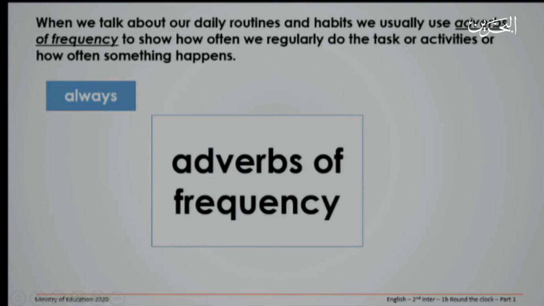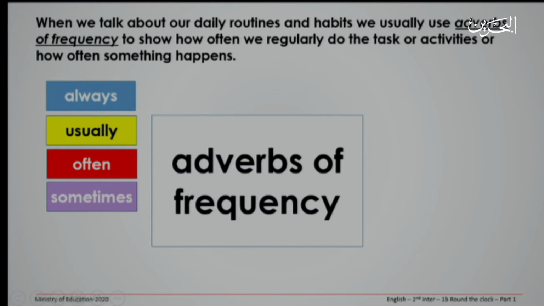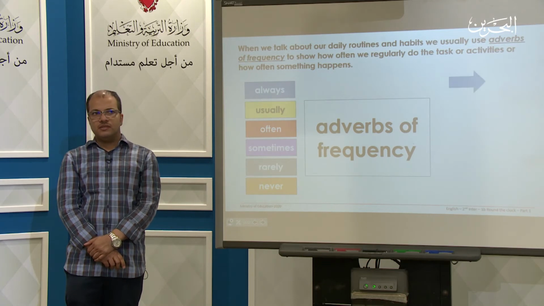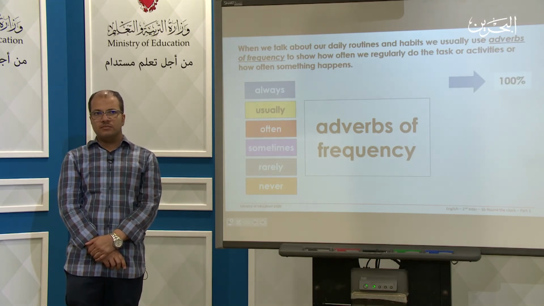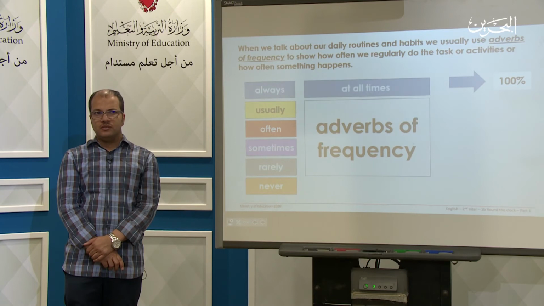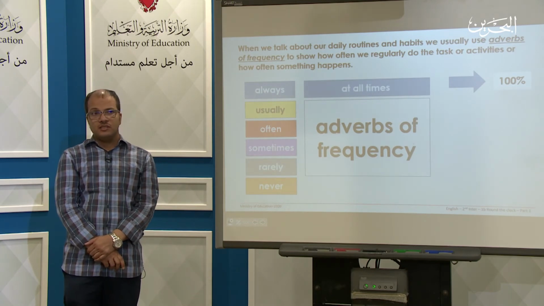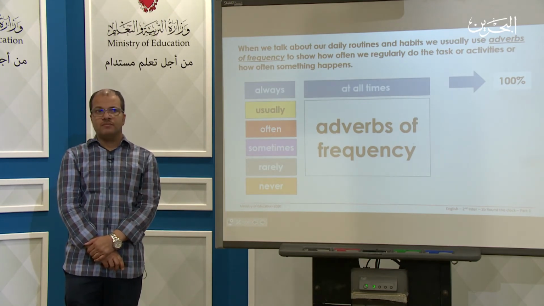They are always, usually, often, sometimes, rarely, and never. As you can see, always takes 100% of the time, which means that the action happens at all times.